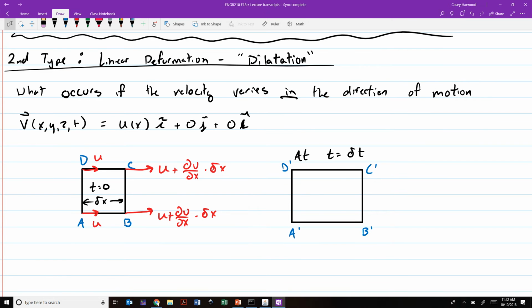So if we have a case like this, what we'd be interested in characterizing when we write this concept of linear deformation or dilatation is the rate of change of the volume of this fluid element.